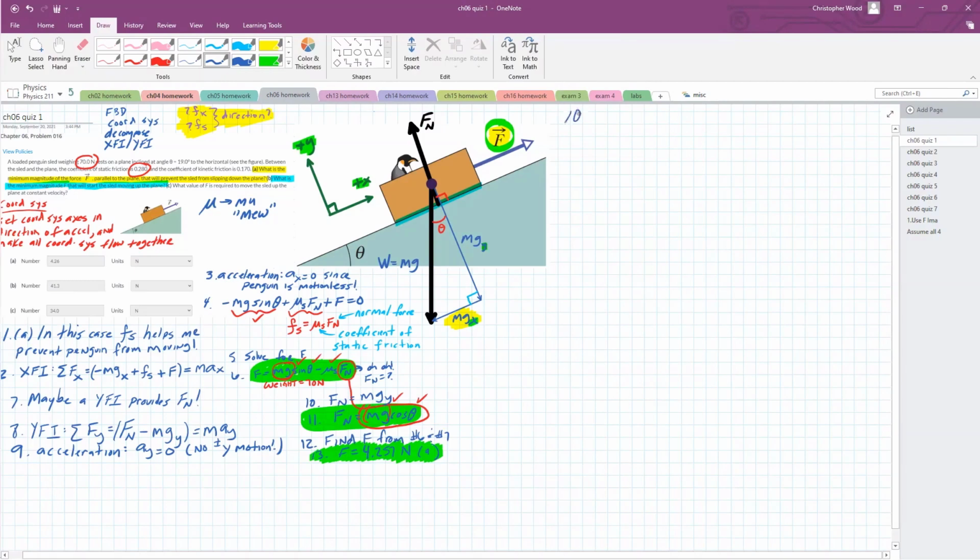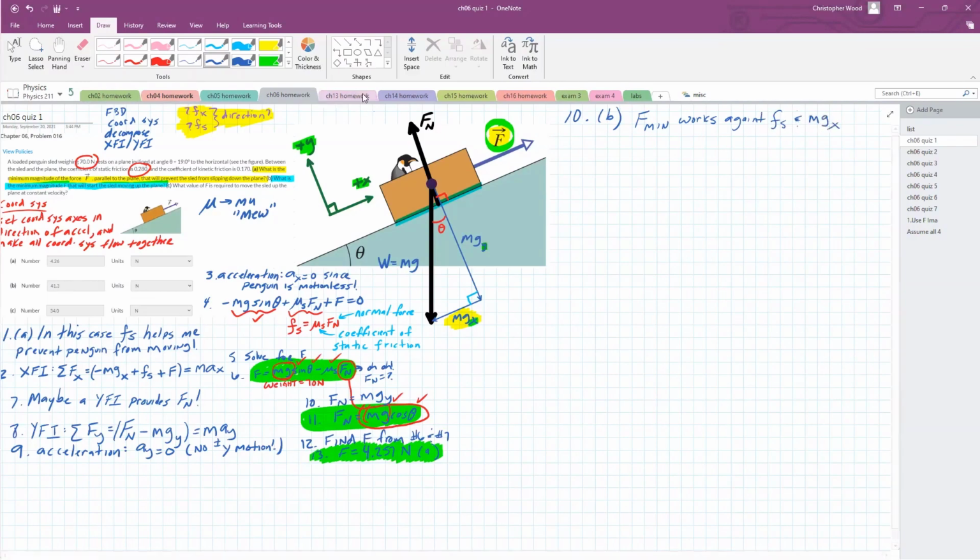So let me go to step over here. Step 10, for part B. F min works against the static friction force and this component of gravity.